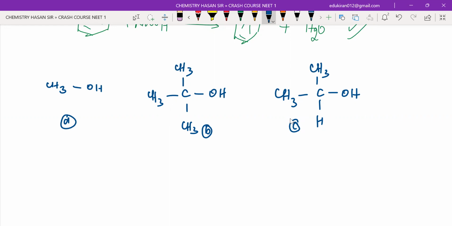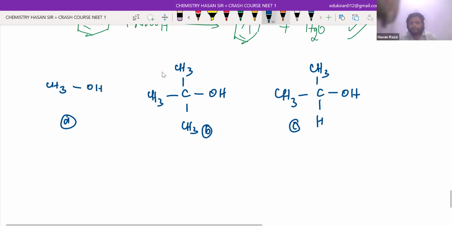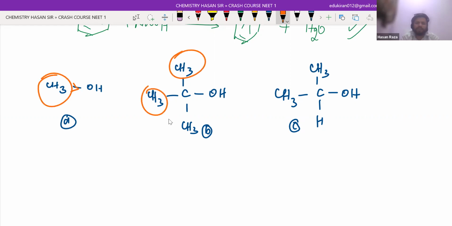So A. Which one is the most acidic? So A, because you can see the group which is attached with OH is plus I, and acidic strength is inversely proportional to plus I, and in this the lesser plus I is there. That's why A will be the most acidic. Then comes your C, because this is your 2 degree and this is your 3 degree.